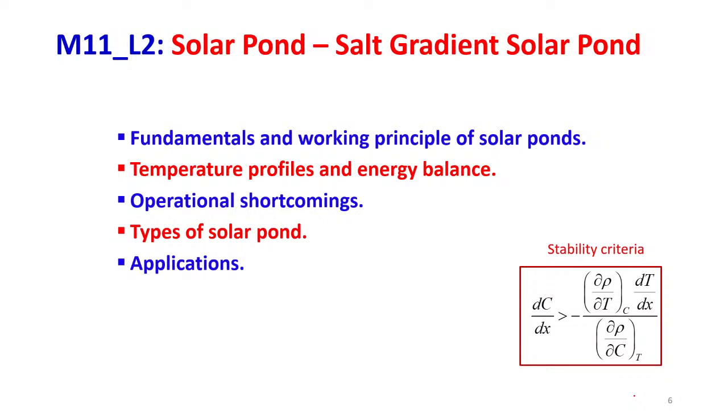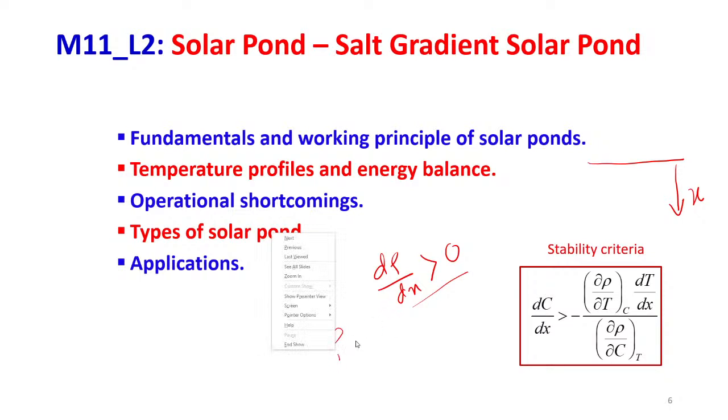As we know, rho is the density, and d rho by dx has to be greater than 0, right? So if we take a section here and x is measured downward, and rho represents the density, this density gradient has to be greater than 0. As we know, density is a function of concentration and temperature.